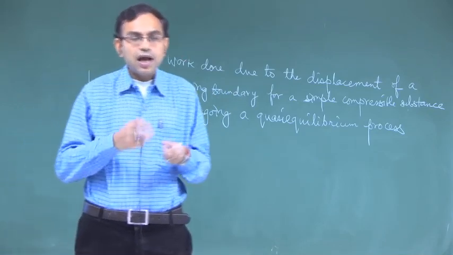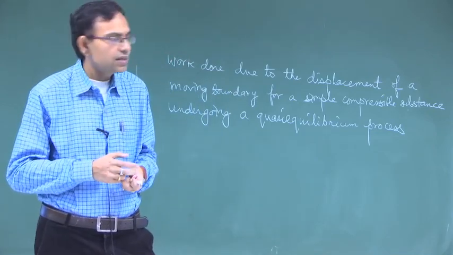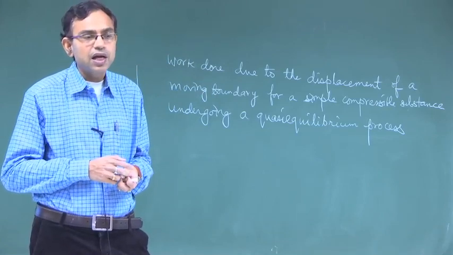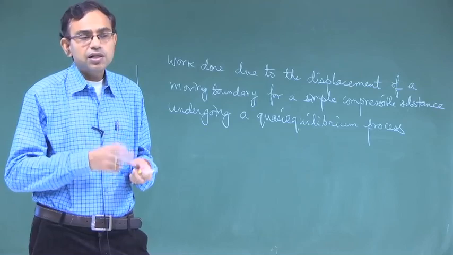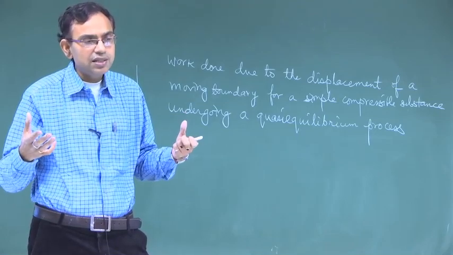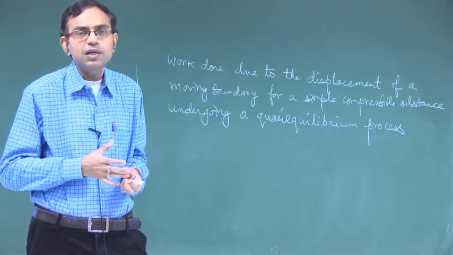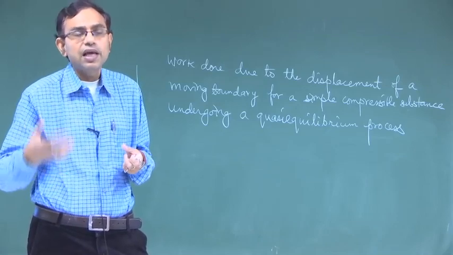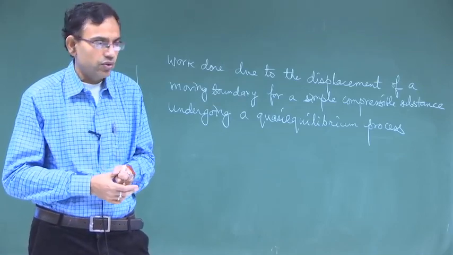Despite having those factors, a simple compressible substance is a substance where pressure, volume, temperature changes or the changes of the related parameters are much more important than the other effects like electrical effect, magnetic effect and so on.